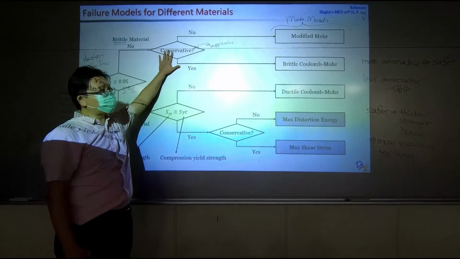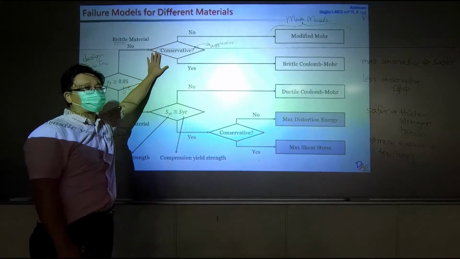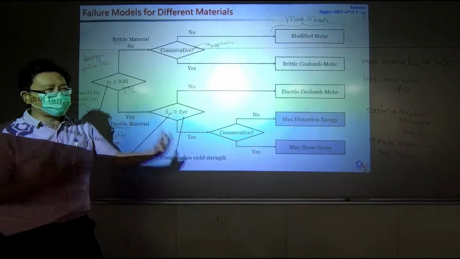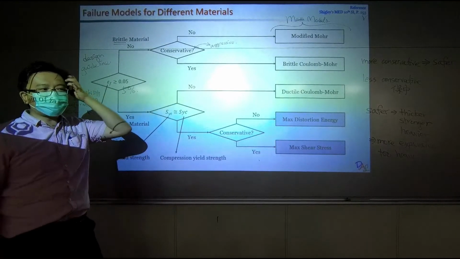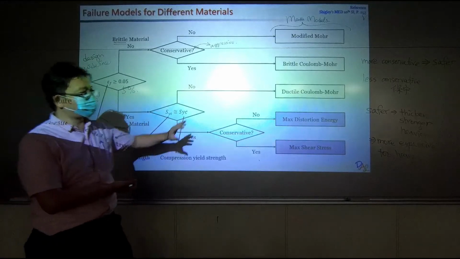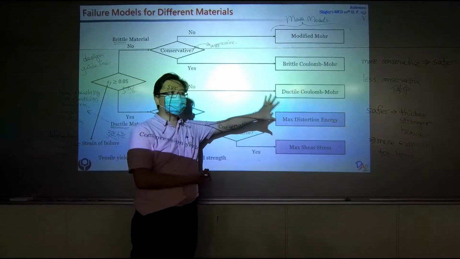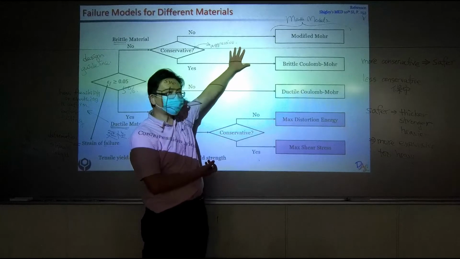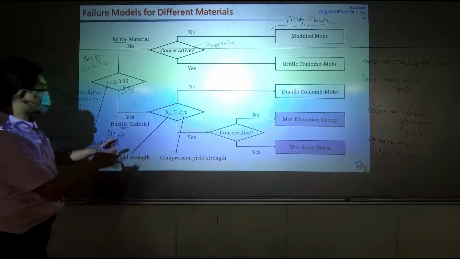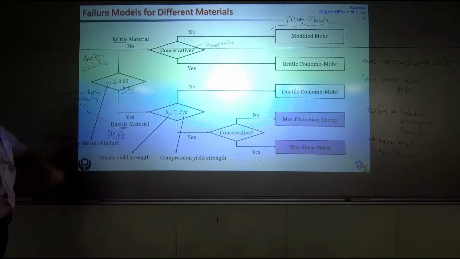Only if you are interested, you can check your textbook. In the future, when you are working in a company and maybe you are designing a brittle material, make sure you cannot use those models. You need to use brittle material models. So today we focus on ductile material.